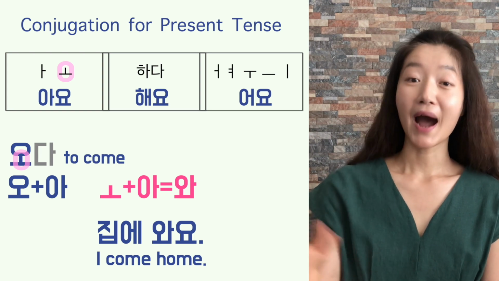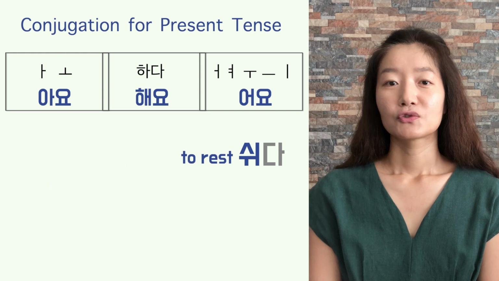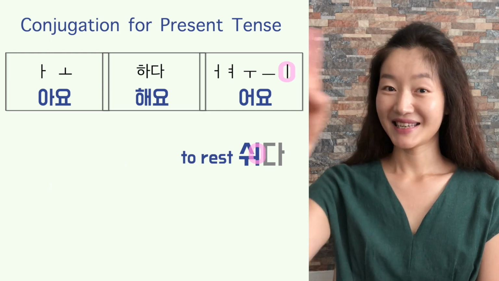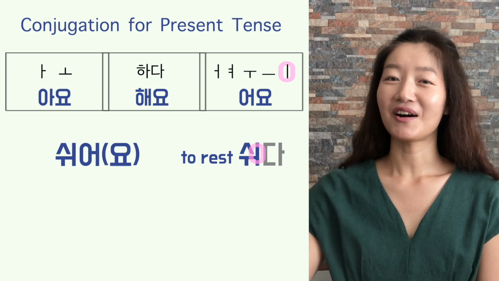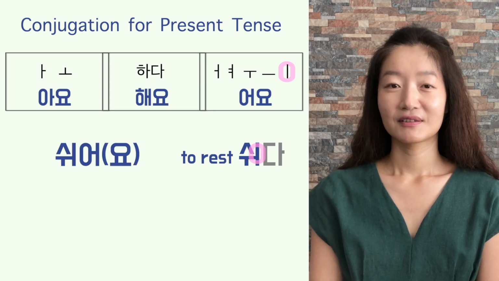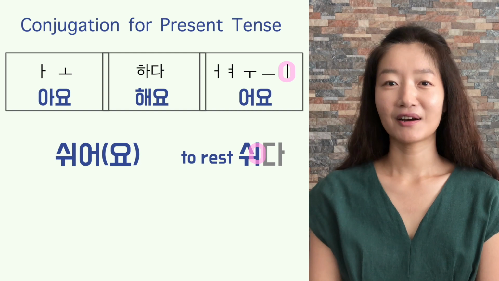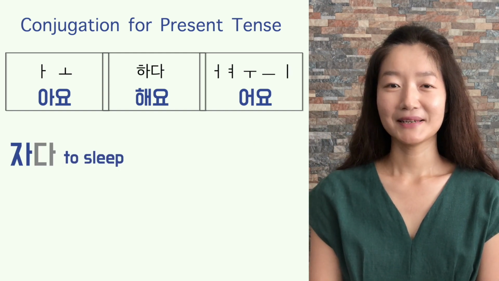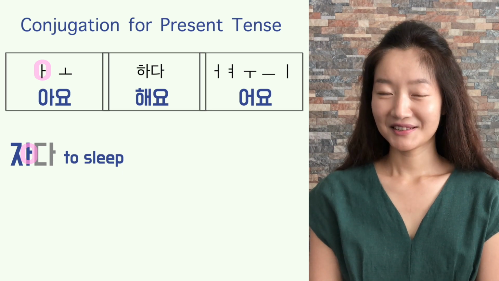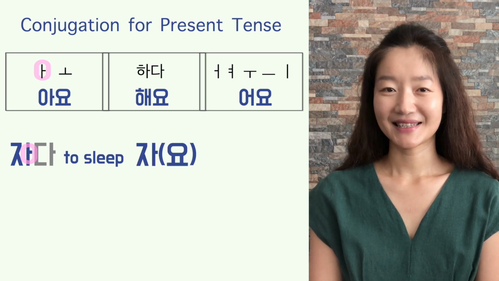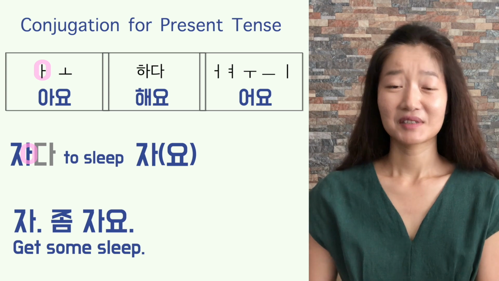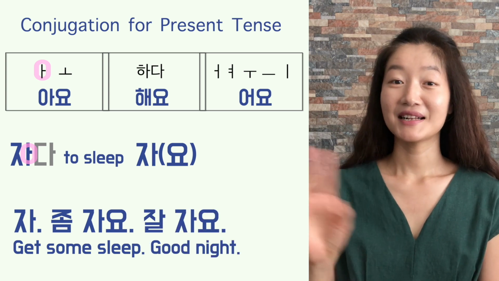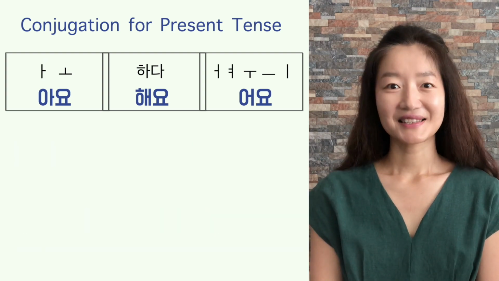Come over. 와. 쉬다, to rest. 쉬 has the 이 sound, so plus 어, 쉬어요. And the last verb, 자다, to sleep. Without the final consonant, so use it as it is. Get some sleep. 좀 자요. Good night. 잘 자요.